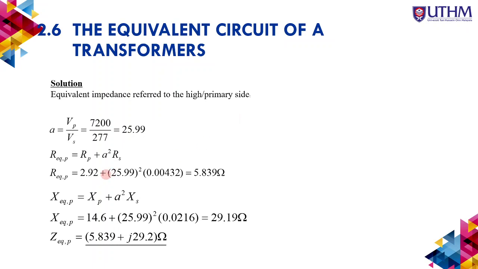So we just put everything, and then you will get the R prime and also the X prime. For Z, you just add together R equivalent P plus jX equivalent P, like this.